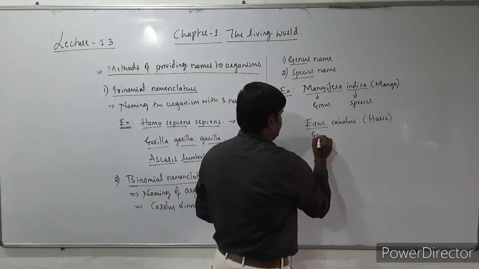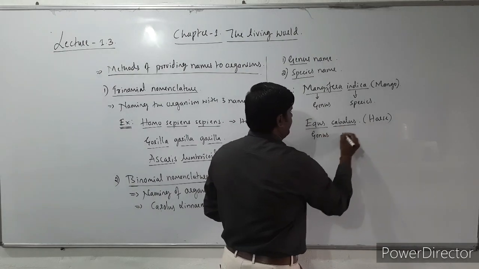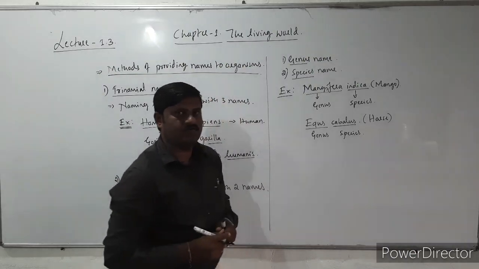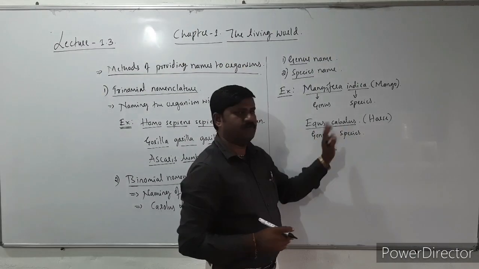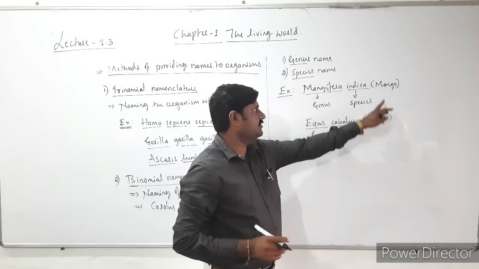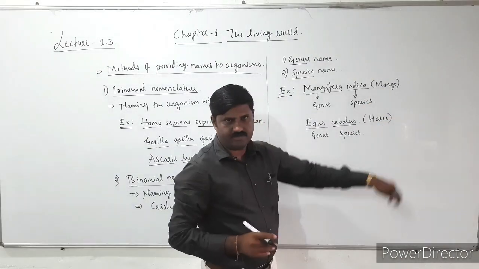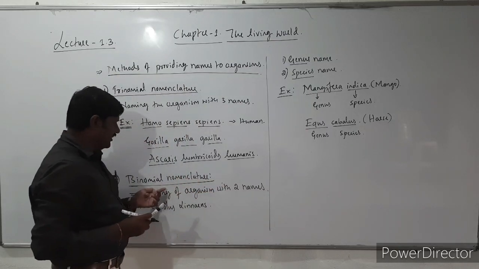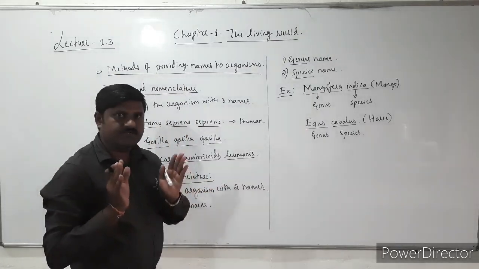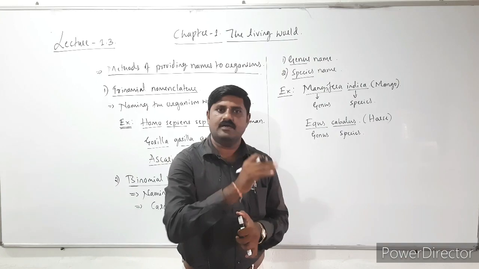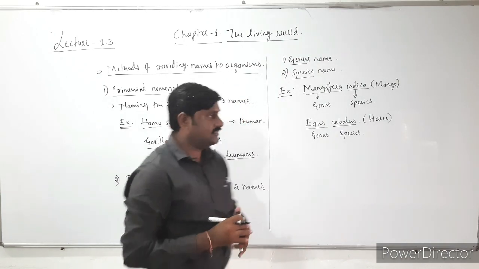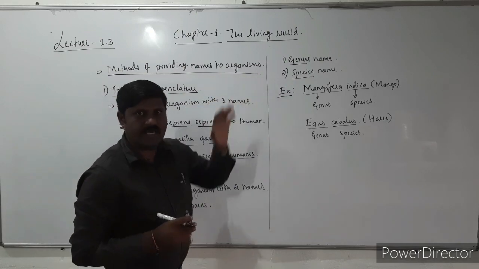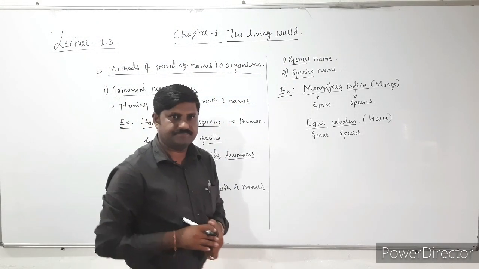Equus is the genus name and caballus is the species name. So this is how we use two names for naming one organism like mango tree, horse, etc. Such kind of binomial nomenclature is used for naming organisms, right? These are two methods of providing names to organisms, right?